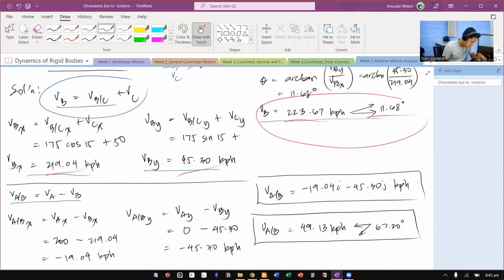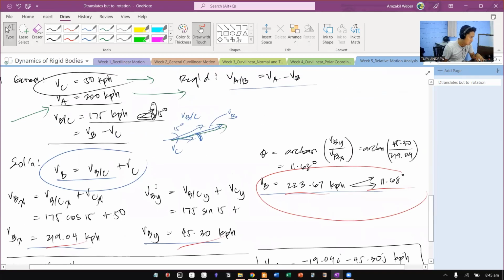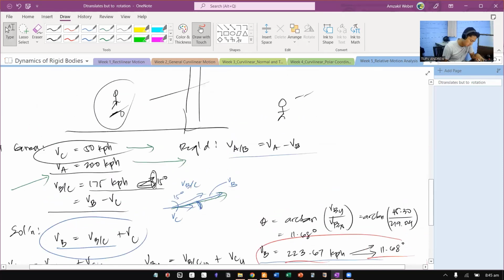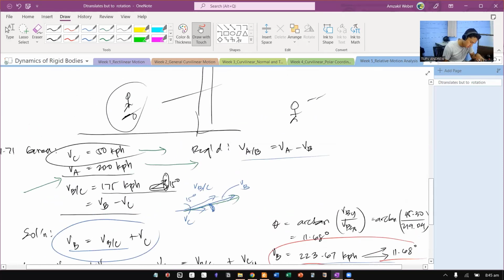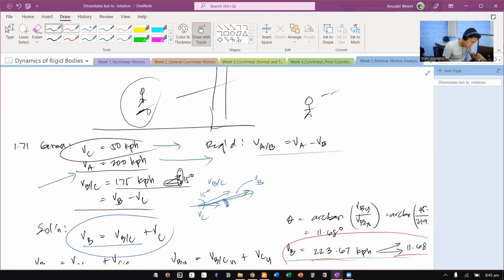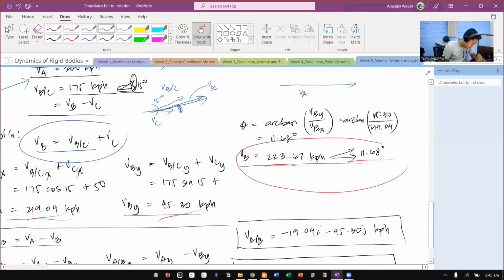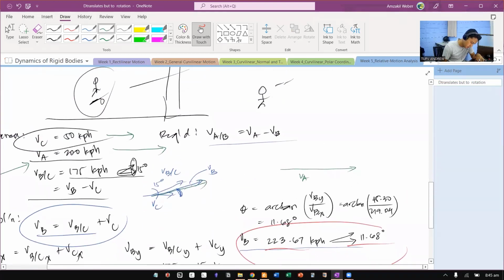So our VA/B is equal to VA minus VB. We have VA, which is 200. Let me just redraw them. This is VA, that is 200. VB is 223.67 at 11.68 degrees.